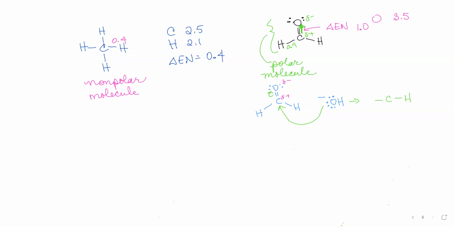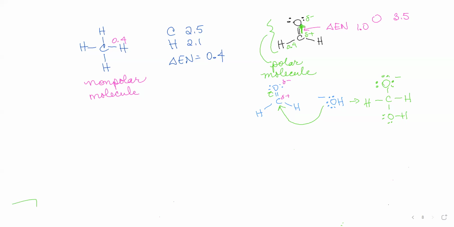So you would get a product. Why would it not pull these hydrogens off? Because the hydrogens aren't slightly positive. So the only positive part of my molecule for formaldehyde is the carbon.